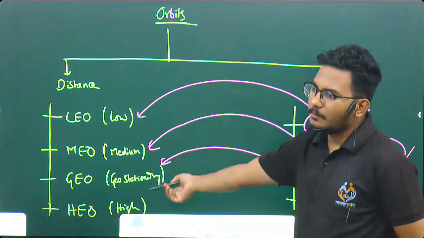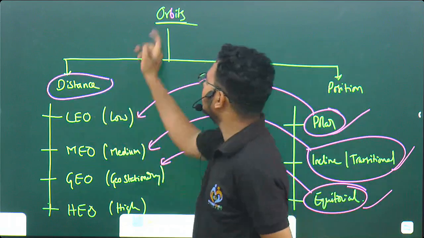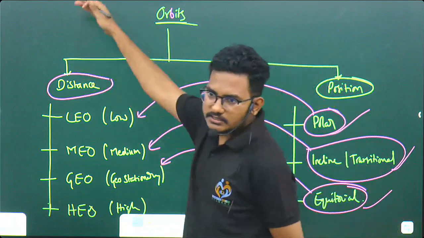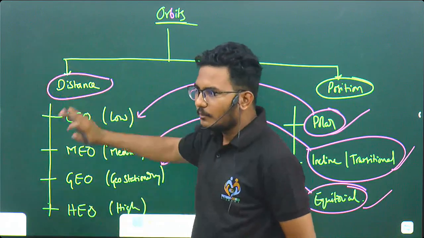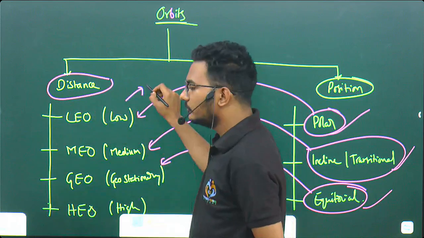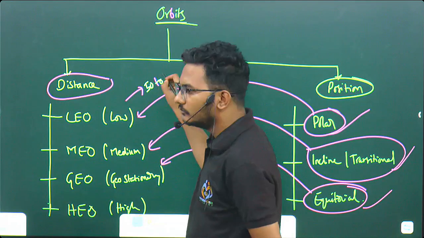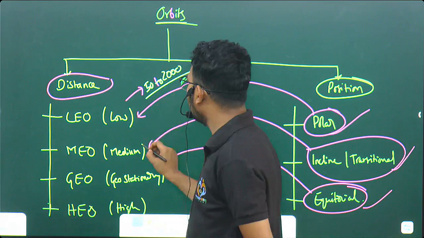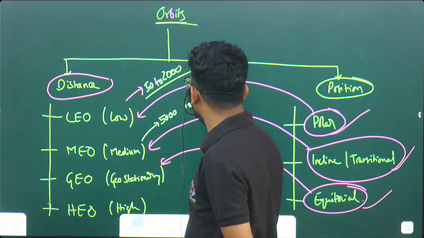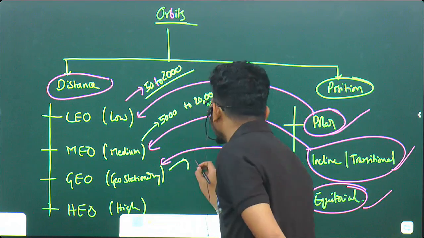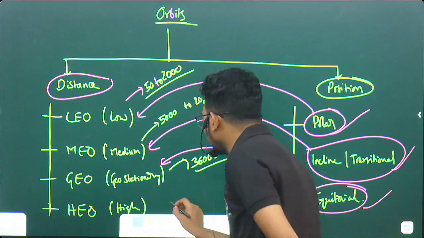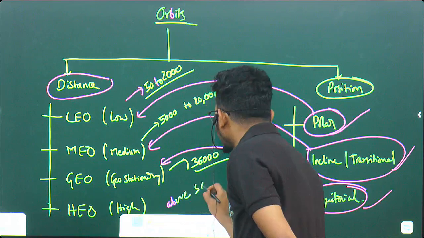Based on distance we'll read the orbits, and based on position also. Based on distance, we have 4 types: LEO, MEO, GEO, and HEO. LEO means 50 to 2000 kilometers, MEO is 5000 to somewhere around 36,000, GEO is around 36,000, and HEO is above 36,000.